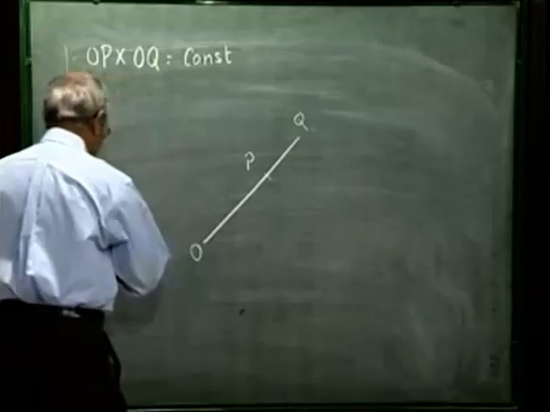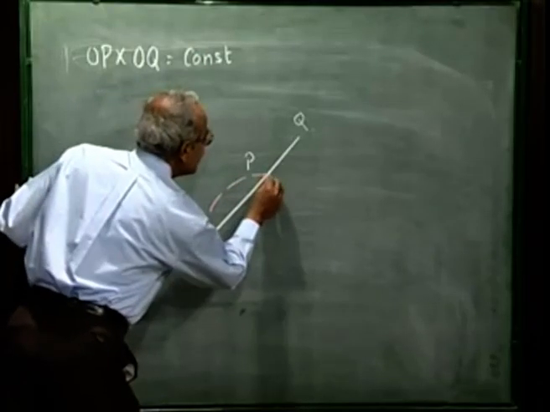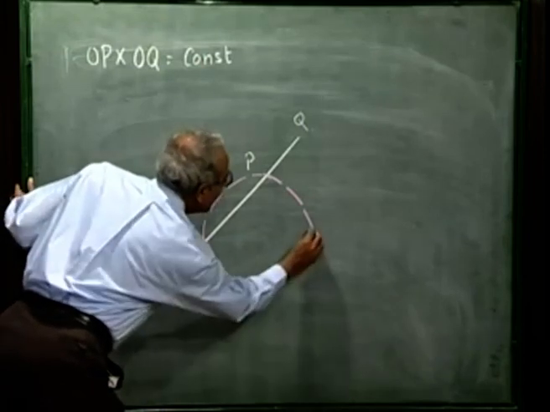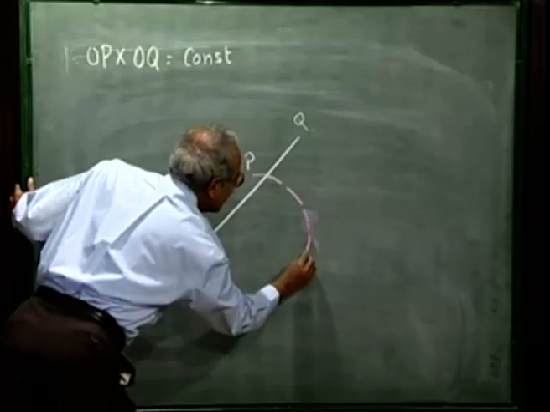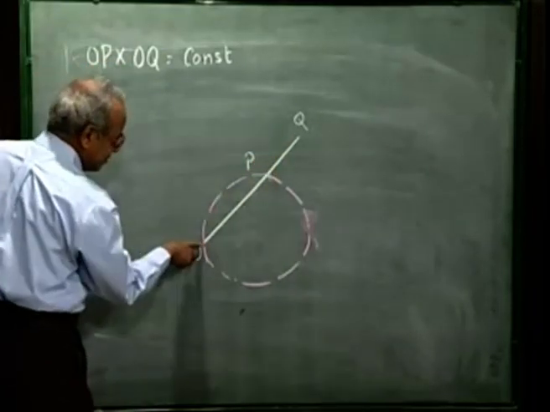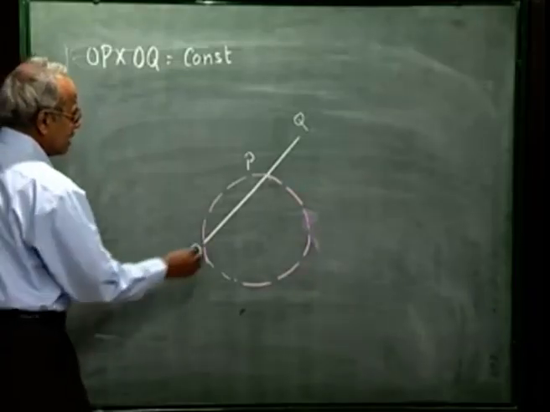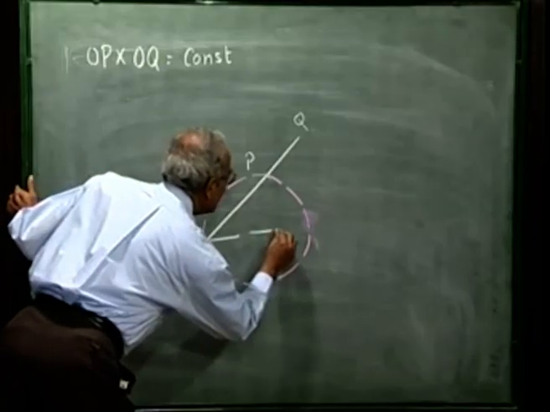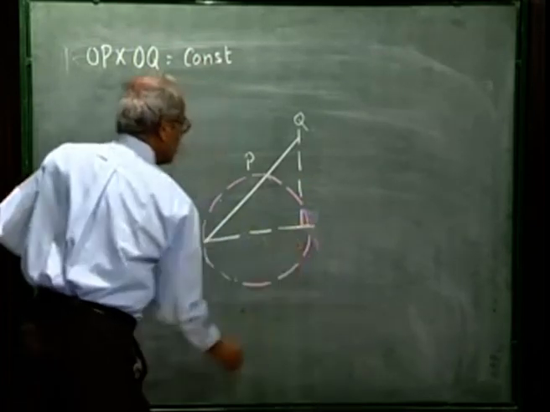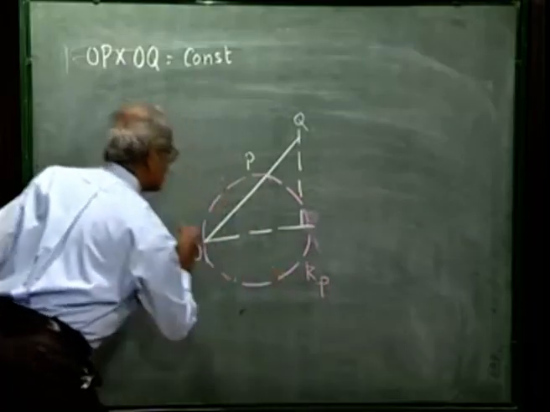We are talking of a special situation such that the point P, as it moves, generates a circle passing through O. As these 2 points P and Q move, the line PQ always passes through this fixed point, but P moves on a circle passing through O. In this situation, we will be able to prove that Q will move along a straight line, which will be perpendicular to the diameter of this circle, which I named Kp, passing through the point O.